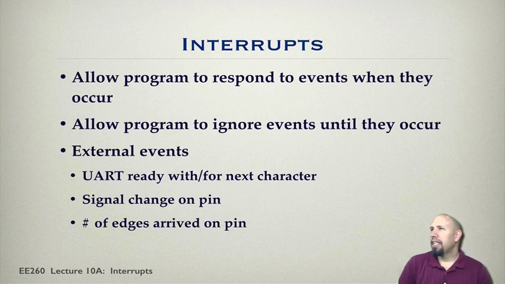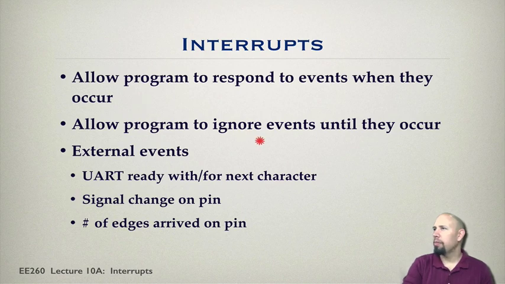Interrupts basically allow programs to respond to events as they occur. They allow the program to ignore events until they occur. They can handle external events, for example, the universal asynchronous receiver transmitter, to determine whether it's ready for the next character.